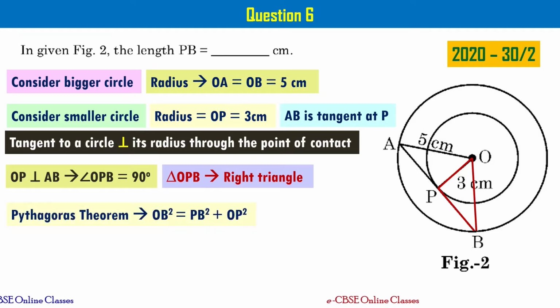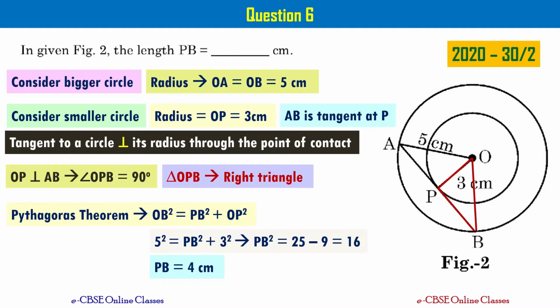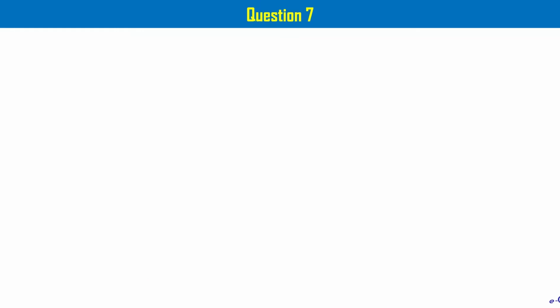Pythagoras theorem says that OB square, that is hypotenuse square, equal to PB square plus OP square. We have already seen that OB is 5 and OP is 3, right? You substitute those two values and simplify such that you get PB square equal to 16. It means PB equal to 4 centimeters is the answer we are looking for. Let's go to the next question. That is question number 7.